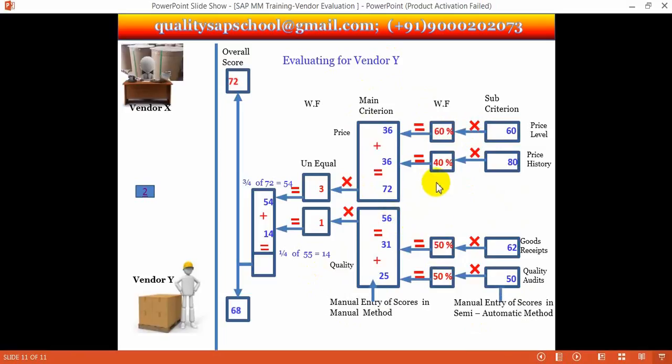It extracts everything from the system, completely from the information in the database, and it can give the score according to that. That method is fully automated. That is the meaning of fully automatic. We will see what is semi-automatic and what is fully automatic, or how manually we can enter values.